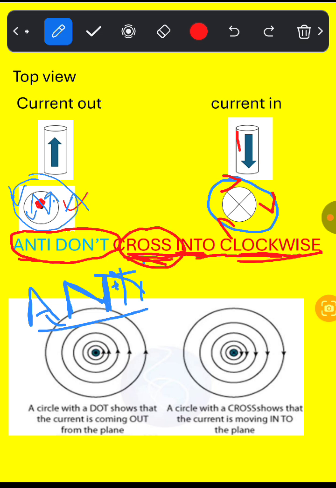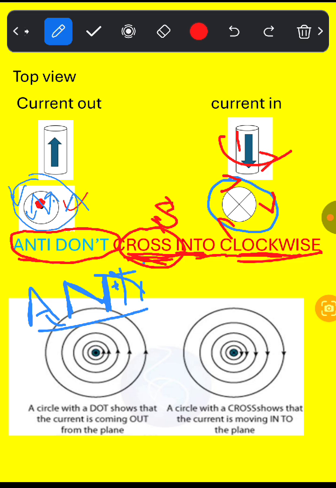Cross has got the letter S. So I write an arrow like that. Then that will show me the direction in which magnetic field lines are moving around the conductor.